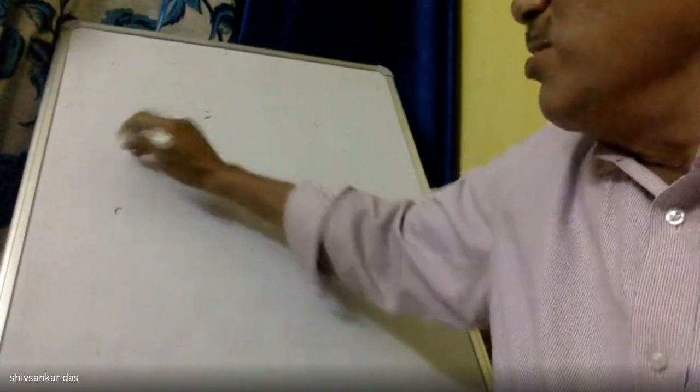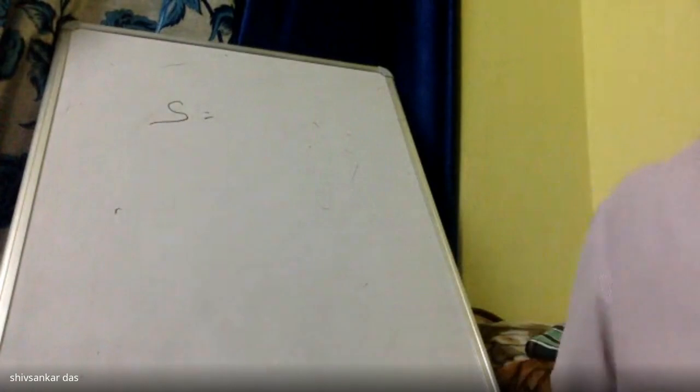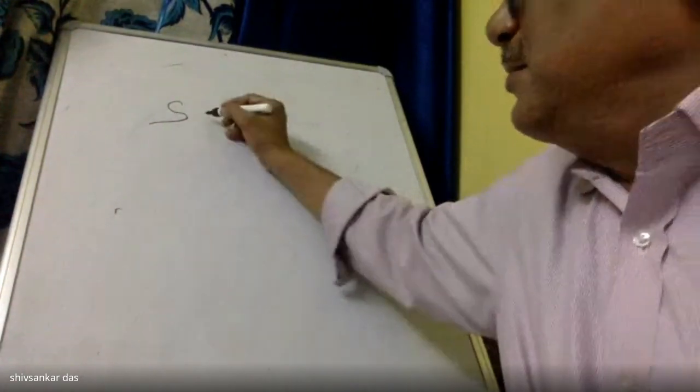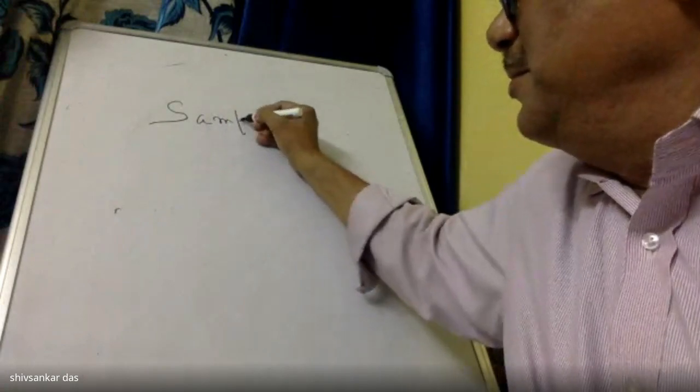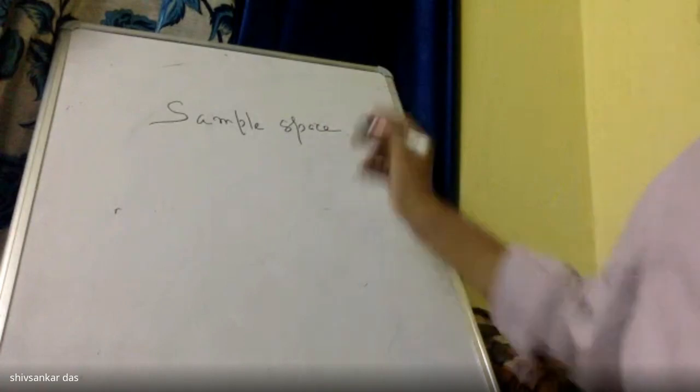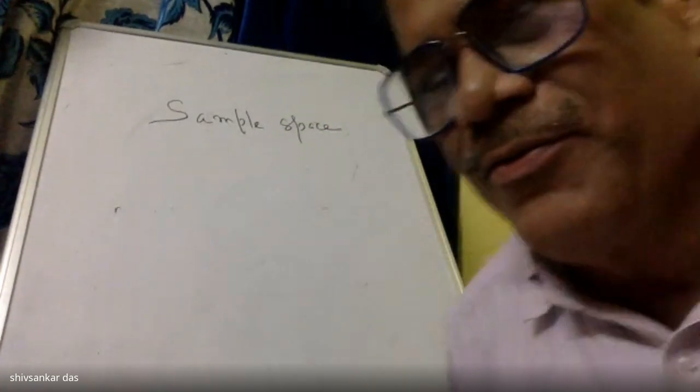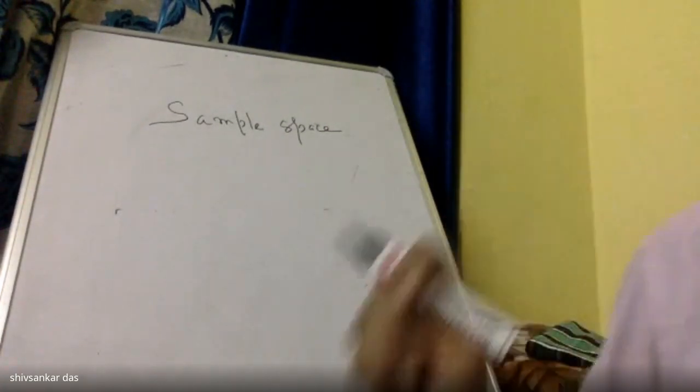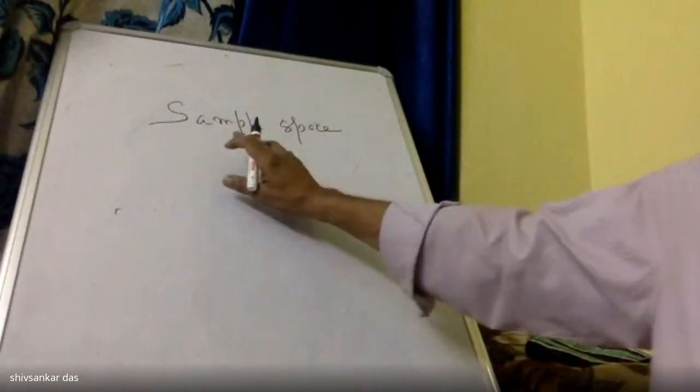Probability, here I am again explaining, say head and tail. Another word is called sample space. First is event, second is mutually exclusive, third is sample space.